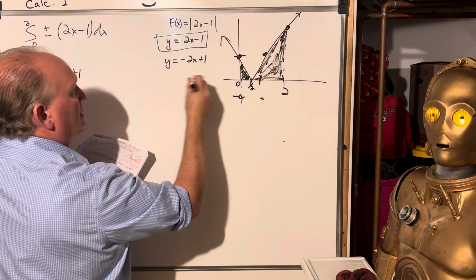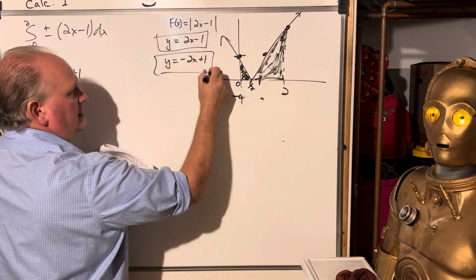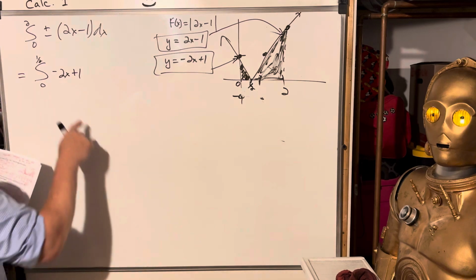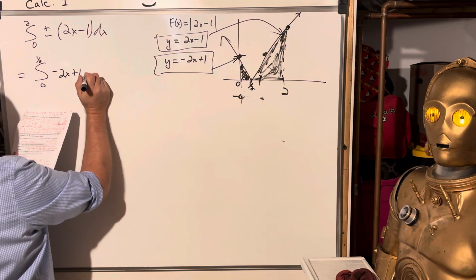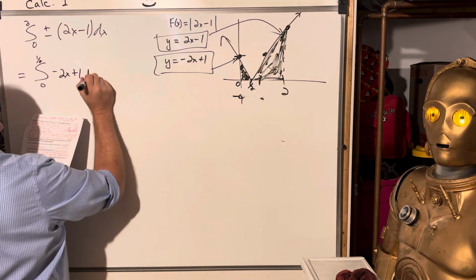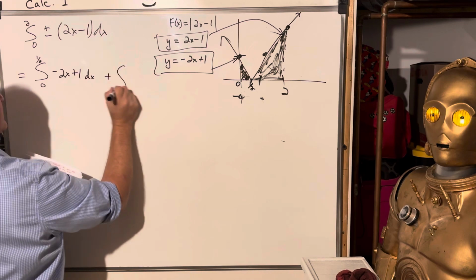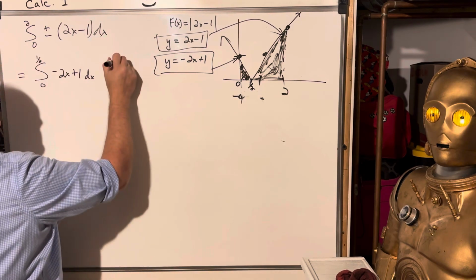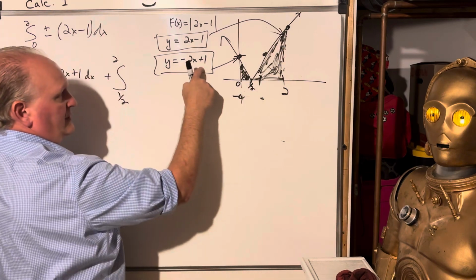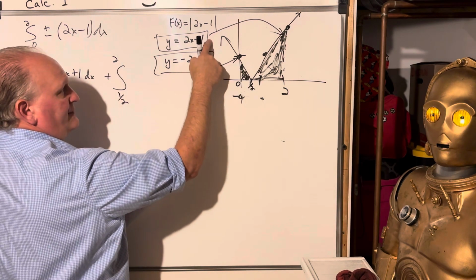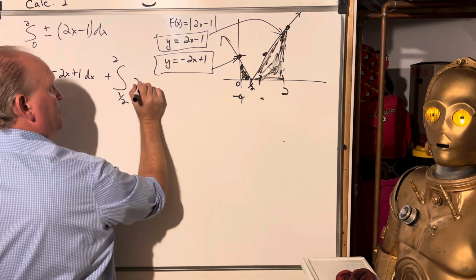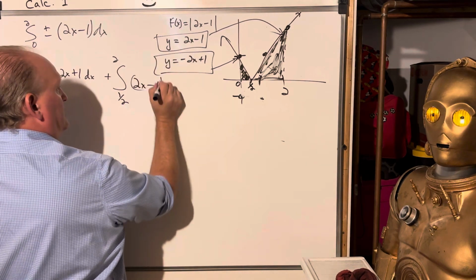That's this guy. Oh, I'm sorry, that's this guy. And then that's this guy. All right, so dx and then plus the integral from 1/2 to 2, and that's going to be this line, which is this guy. It starts at -1. So 2x minus 1 dx.